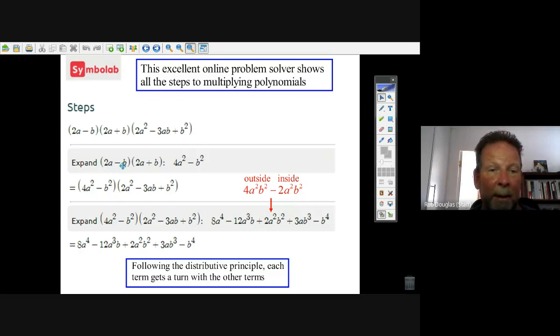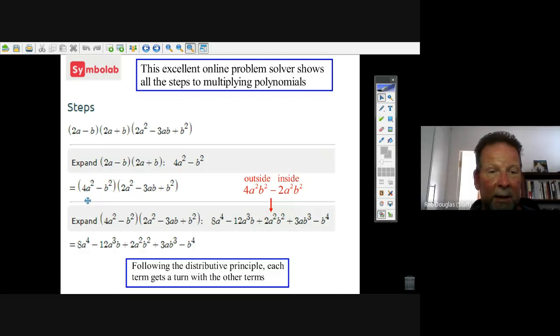So (2a - b)(2a + b) is 4a² - b², times this (2a² - 3ab + b²). Now the 4a² has to get a turn with every single thing in the middle. And the -b² has to get a turn with all these three terms here.